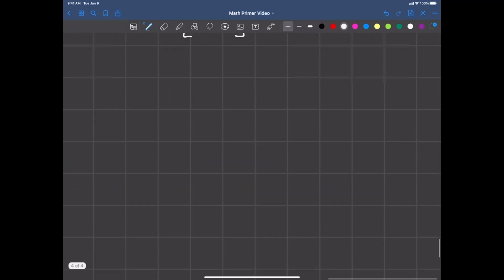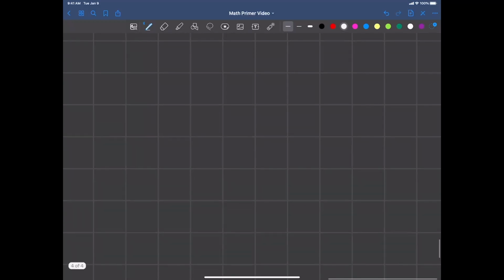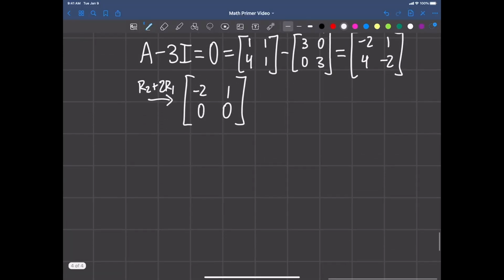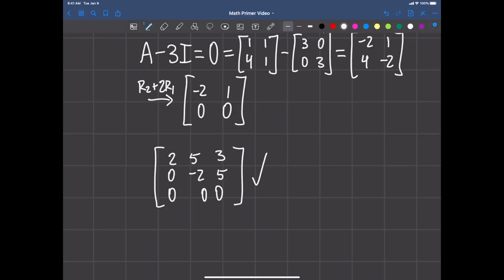And just to quickly understand what row echelon form is, there are 2 rules. All rows of zeros must be at the bottom, and there must be a staircase pattern of the first non-zero entries in each row. So this is a valid row echelon form matrix because all the rows of 0, fully 0, are at the bottom, and there's a staircase pattern.